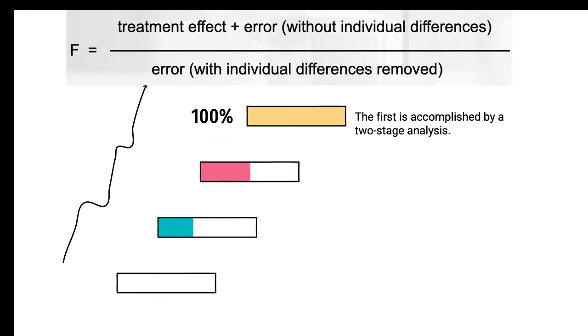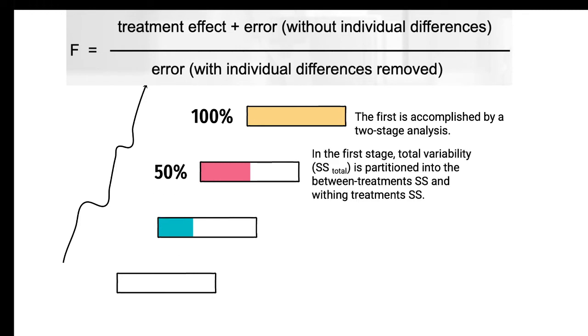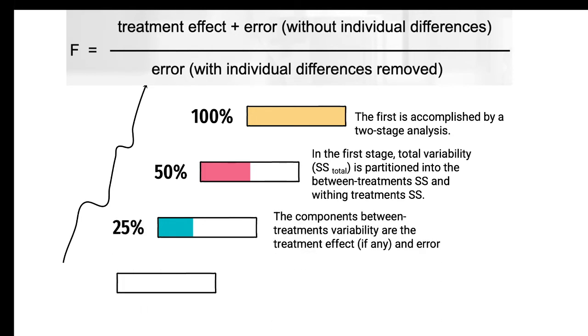Having said that, this is accomplished by a two-stage analysis. In the first stage, total variability, or SS, where SS stands for sum of squares, is partitioned into between treatments variability and within treatments variability. The components of between treatments variability are the treatment effect, if any, and error.